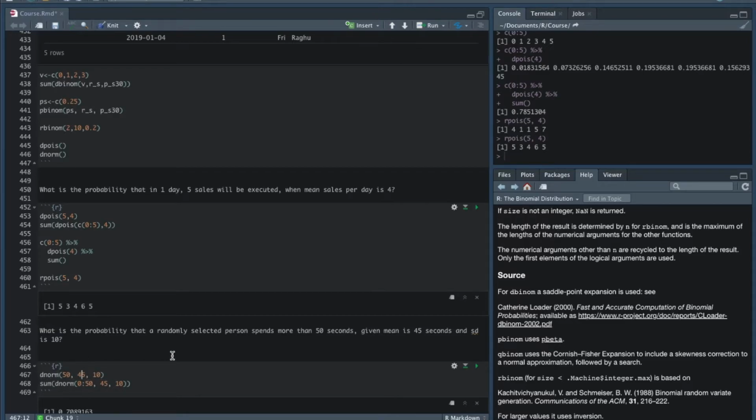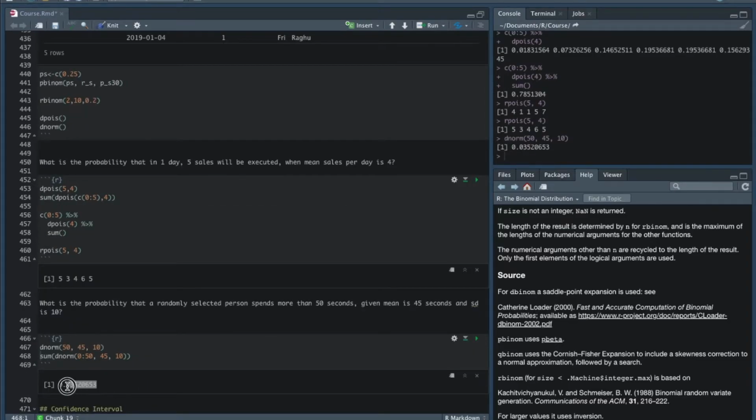If we want to understand the probability of a randomly selected person spending more than 50 seconds, given the mean is 45 seconds and the standard deviation is 10, let us first understand the case where the person is spending exactly 50 seconds. What is the probability if we randomly select a person of him spending exactly 50 seconds? That becomes 0.03.